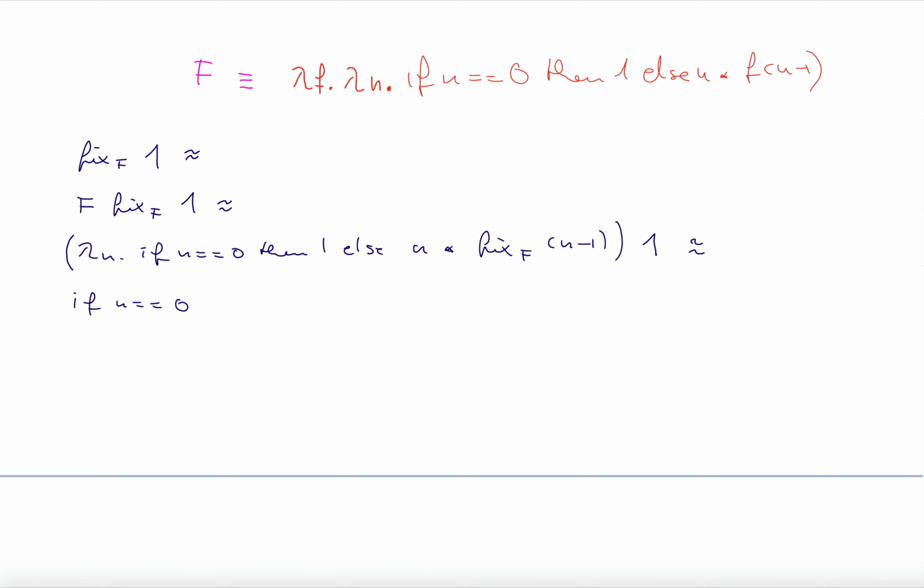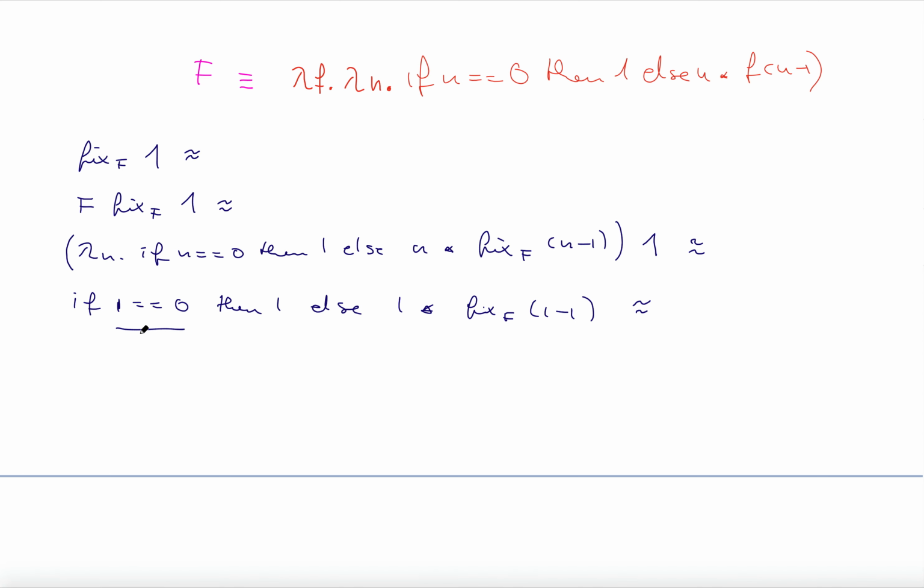What is the beta reduction actually doing? It's replacing n by its argument, so I should have written: if 1 equals 0, then 1, else 1 times fix f of 1 minus 1. And now we reduce this. I make 2 steps in one go.